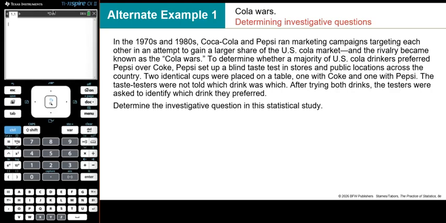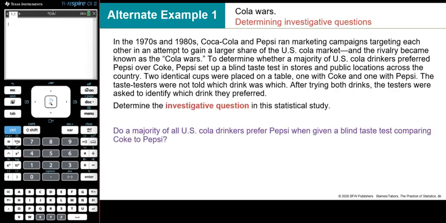This is called the Pepsi Challenge. So will that happen? Do the majority of U.S. cola drinkers prefer Pepsi when given a blind taste test against Coke? That's the question, and that is a statistical question. The answers are going to vary. We don't know what people are going to say.